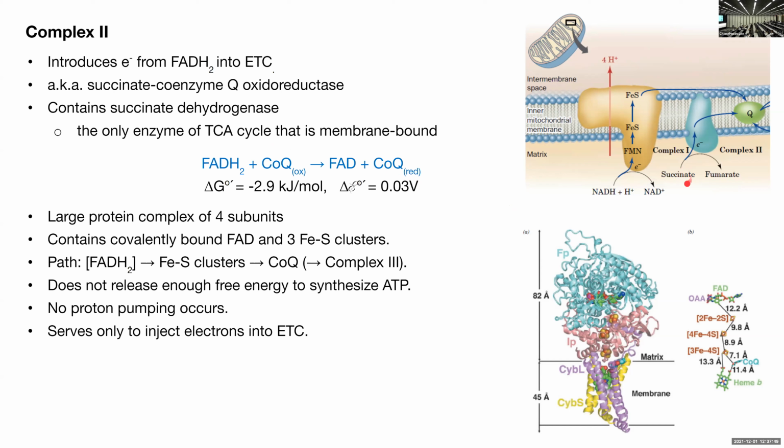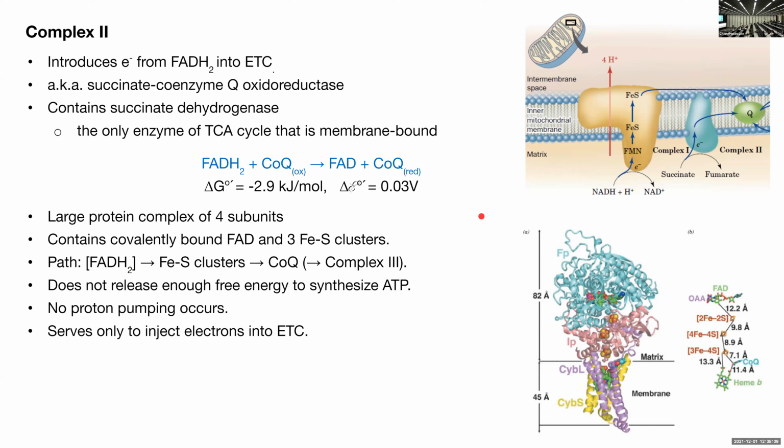Here's a succinate that gives the electrons and becomes a fumarate, and it gives the electrons to FAD to make it FADH2, which is already included in complex 2. Okay. It's not actually getting the FADH2.